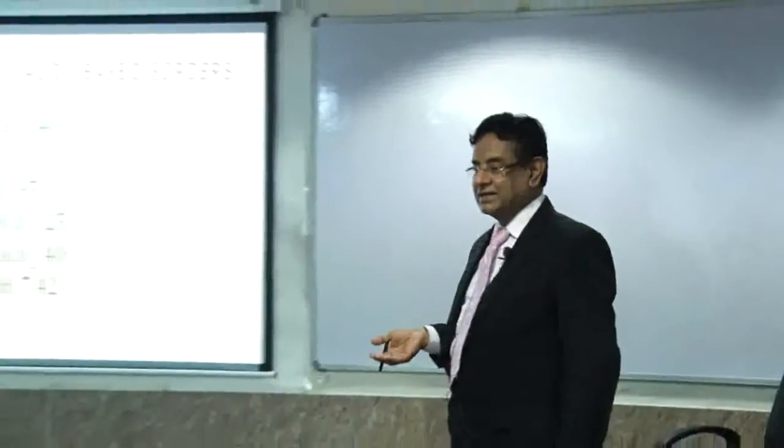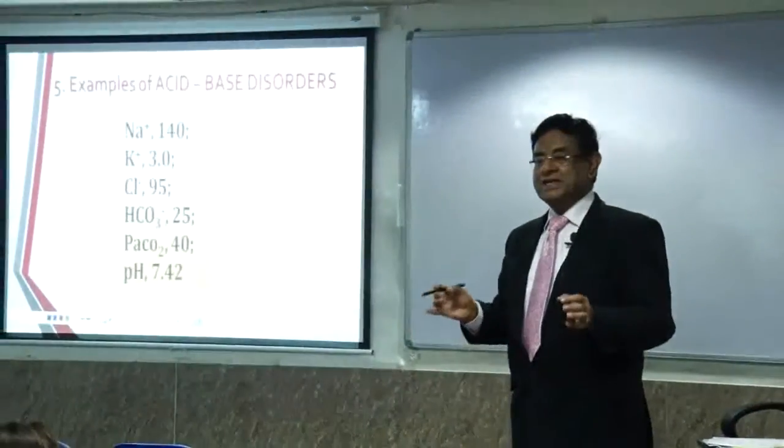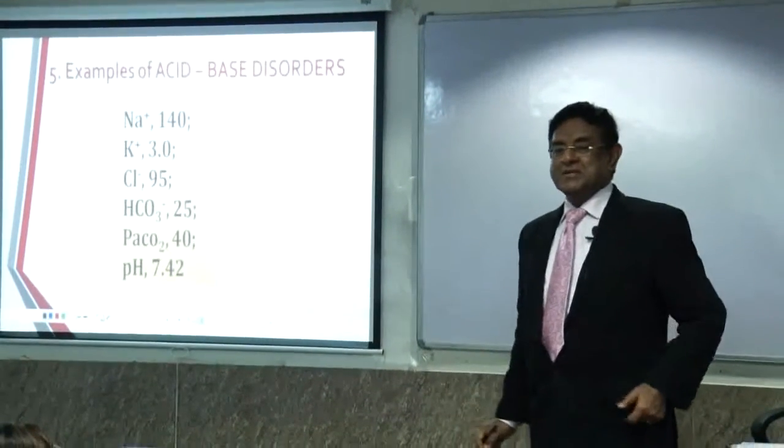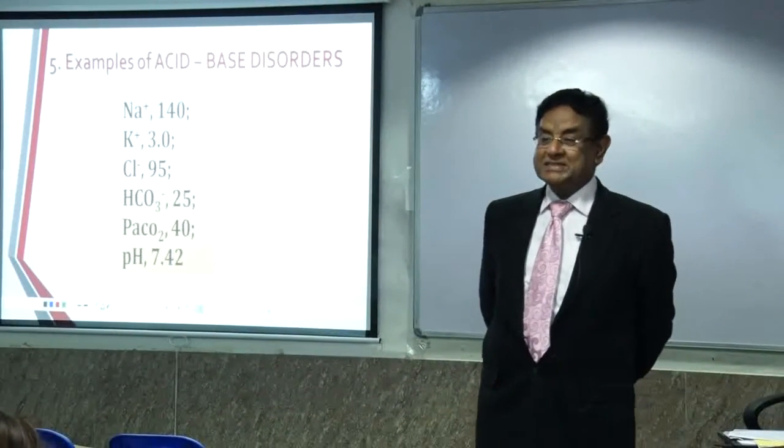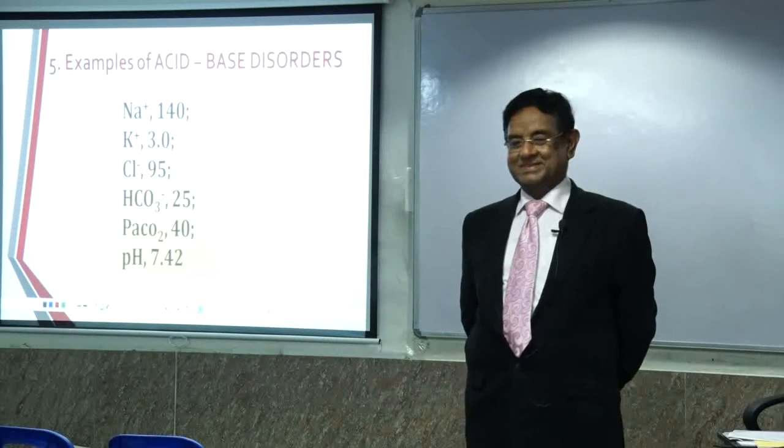No, you are writing an exam. You are not writing any local guide exam. Anion gap is how much? 20. So anion gap is more than normal, it's metabolic acidosis. But everything else is very normal. So there is one patient where the answer is metabolic acidosis plus metabolic alkalosis.